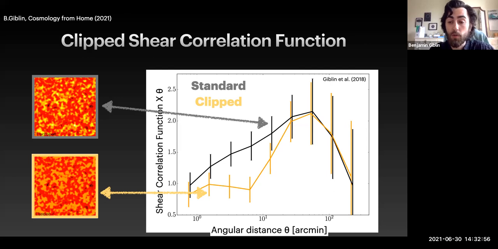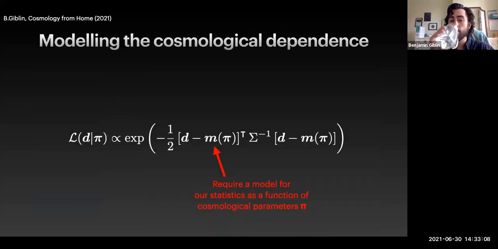So now that we have introduced these two new alternative statistics of weak lensing, let's think about how we model their cosmological dependence. The necessity to model the cosmological dependence of these statistics is illustrated by this equation for the likelihood.